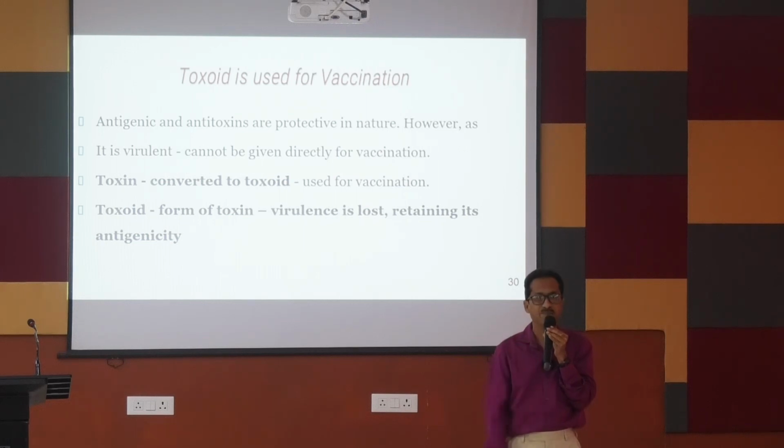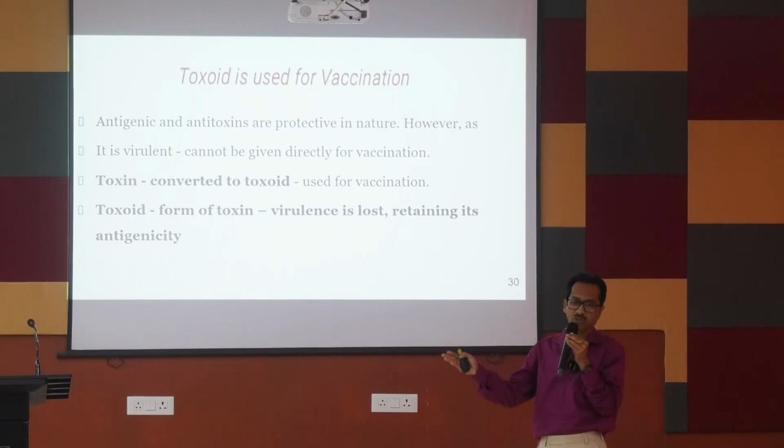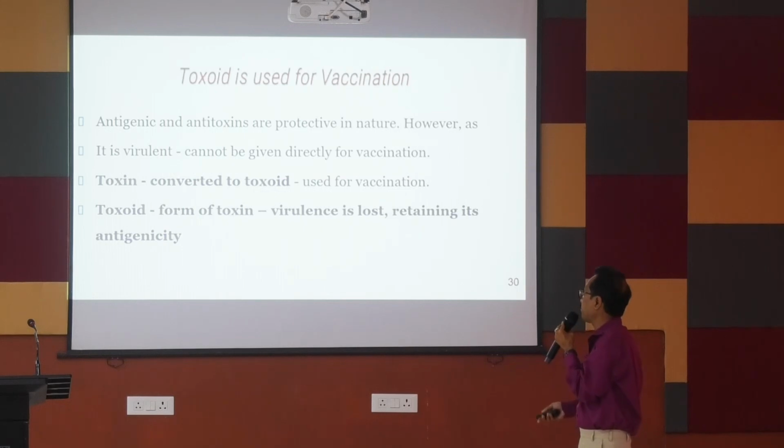Pertussis is a killed pertussis. Now we are also using acellular pertussis as part of DPT. So diphtheria is a toxoid, tetanus is a toxoid, and pertussis is a killed pertussis vaccine.